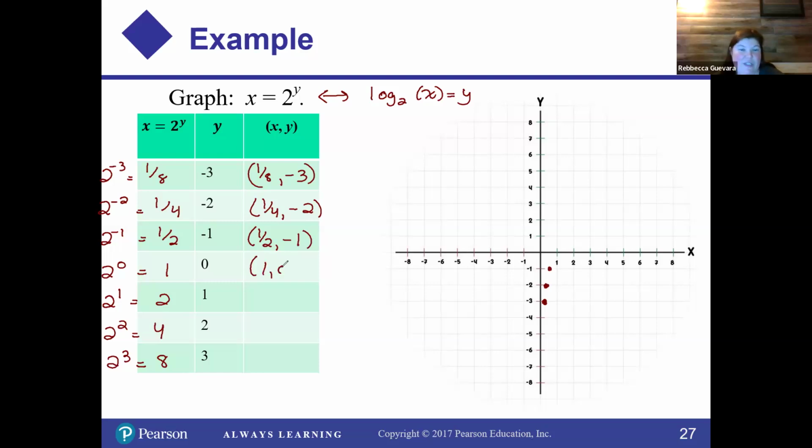Then we have 1, 0, which is right here. Then we have 2, 1. We have 4, 2. And then we have 8, 3.